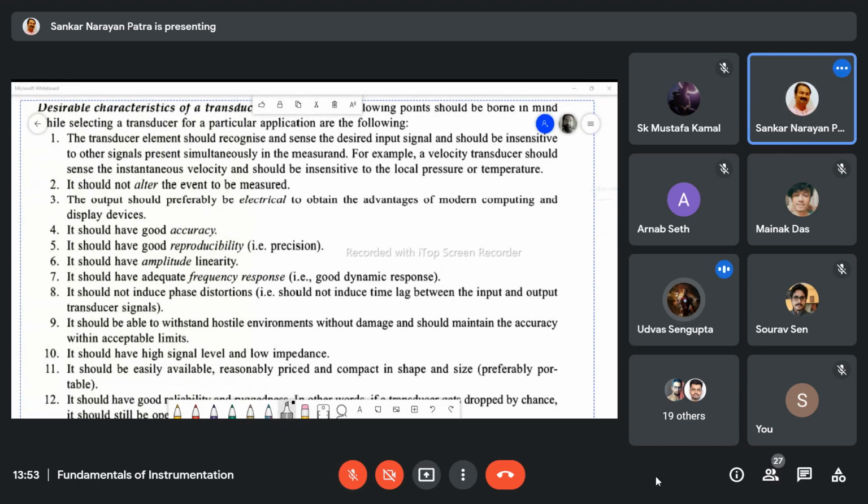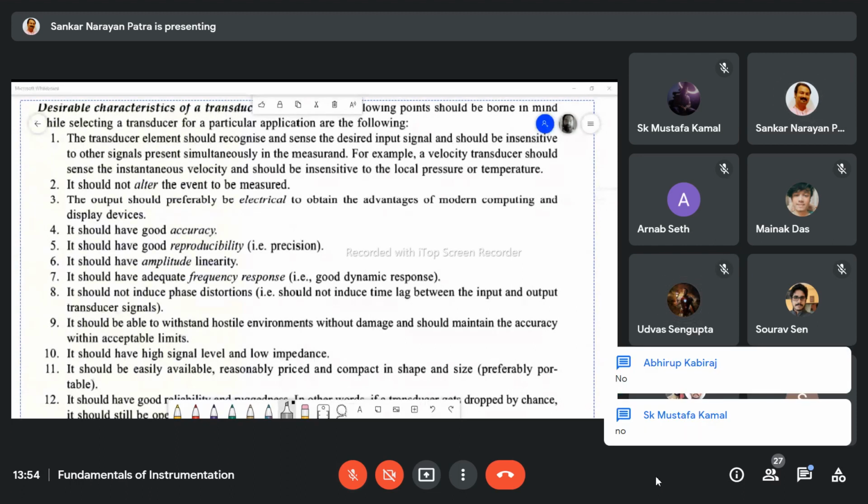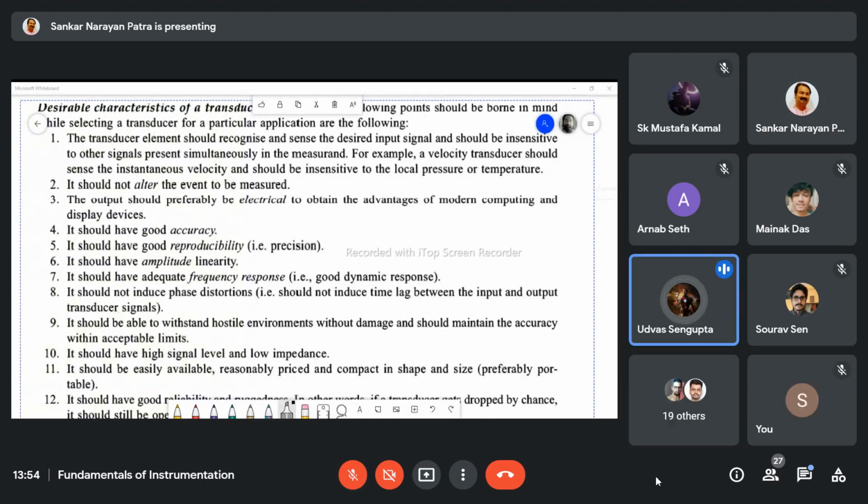The fifth point is it should have good reproducibility, that is precision. And the sixth point is it should have amplitude linearity. And the seventh point is it should have adequate frequency response, that is good dynamic response.